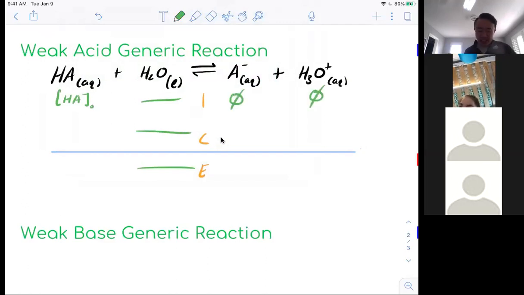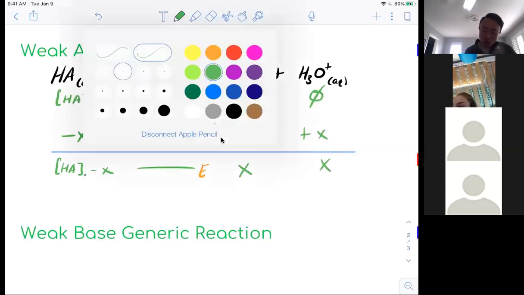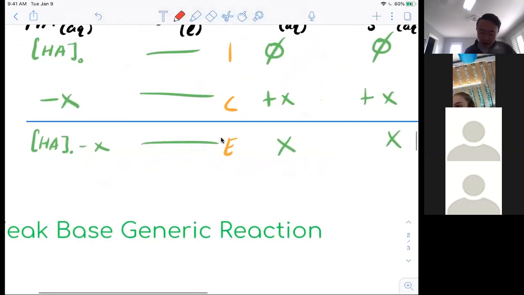And then again, the nice part about weak acids and weak bases is that we have all 1 to 1 to 1 ratios. And then at the end, we'll have HA minus x, and on the other side, x and x. The nice part about these weak acids and bases is that just like before, these x's are going to be super small, tiny numbers.